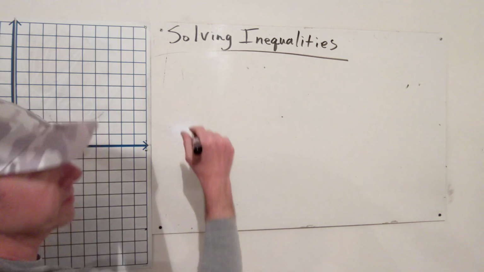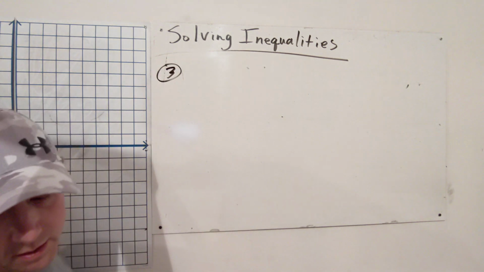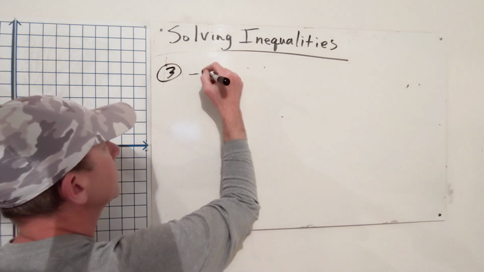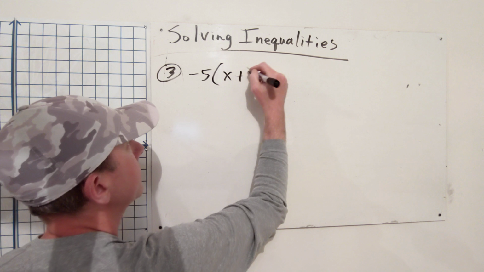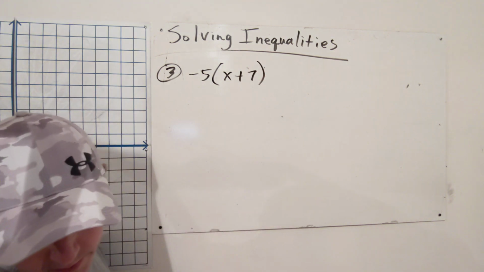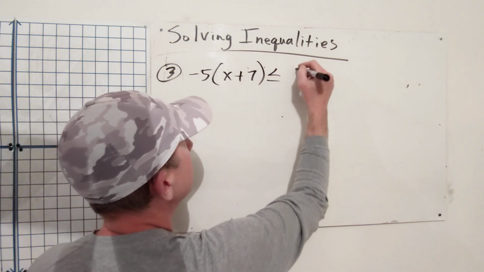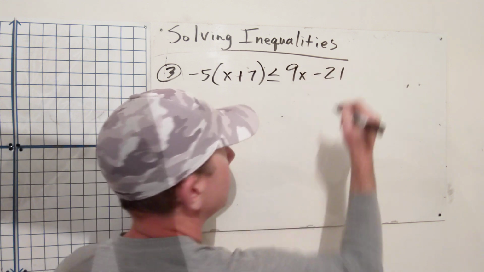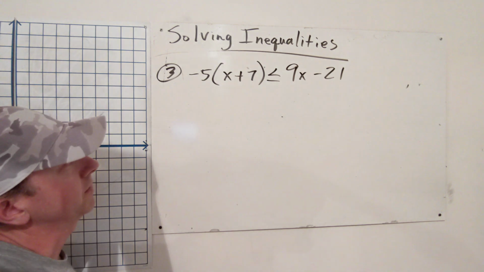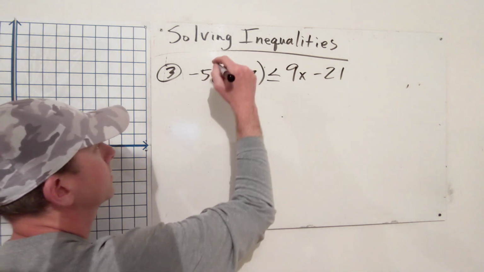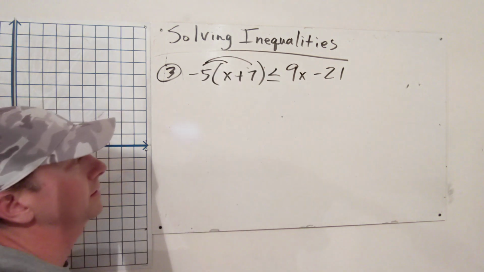So here we go. For number 3, we're going to do variables on both sides and multi-step inequalities. So negative 5 times x plus 7 is less than or equal to 9x minus 21. The first thing we want to do is the distributive property, something that is also a review from early on in the year.